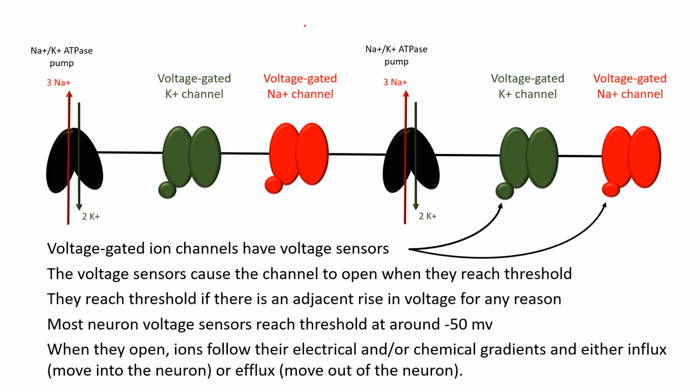When the channels open, this is passive transport, so ions follow their electrical and or chemical gradients, and depending on those gradients, either influx, move into the neuron, or efflux, move out of the neuron. So this is the point that we depolarize and repolarize, depending which channel we've got open and what ion is moving which way.